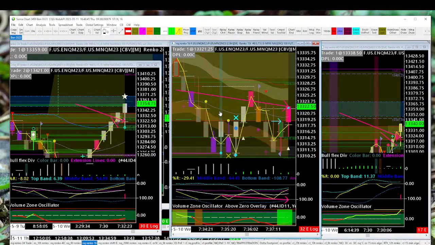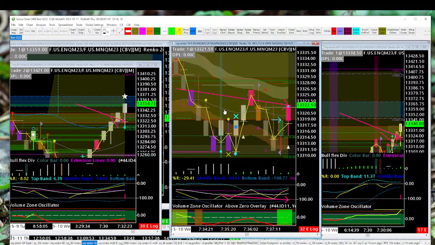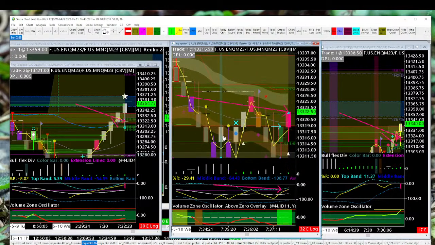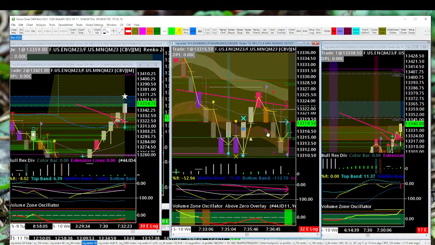So that expansion, which occurred here, see, both of them are rising here. So the expansion technically started back here at the entry. Once that next bar came, so after this one, let me move this so you can actually see it.